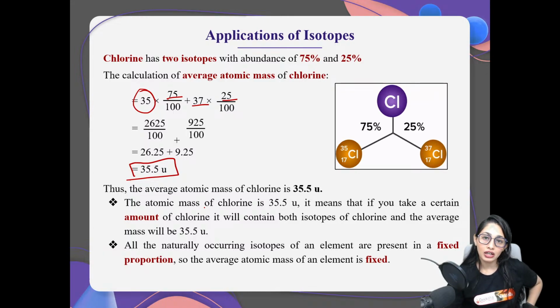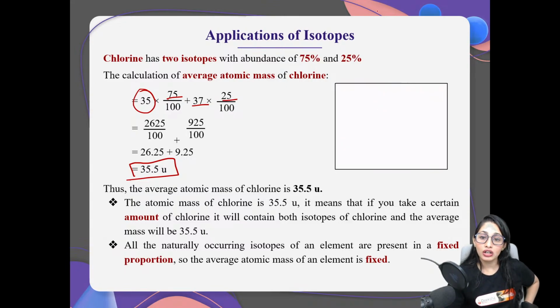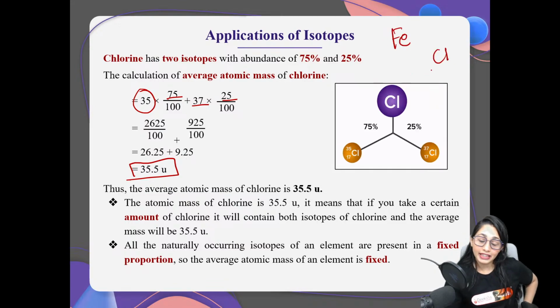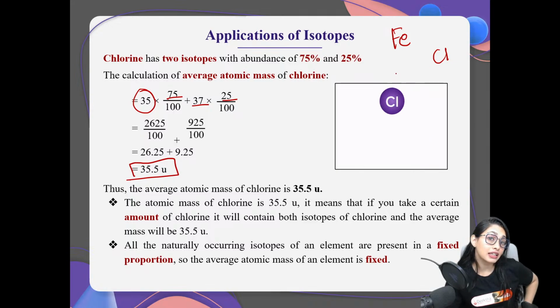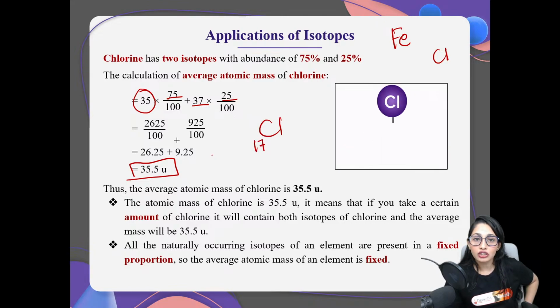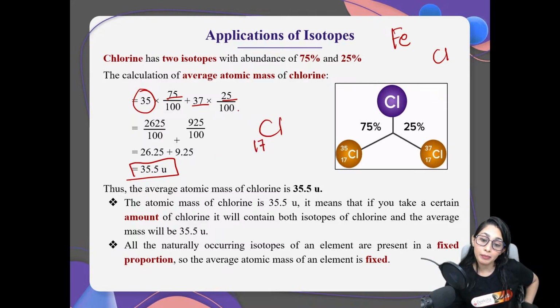There are something called isobars and isotones. An element, for example iron or chlorine, cannot have a different atomic number. It can have different mass. For chlorine, the atomic number is always 17. Only the mass number can vary for isotopes.